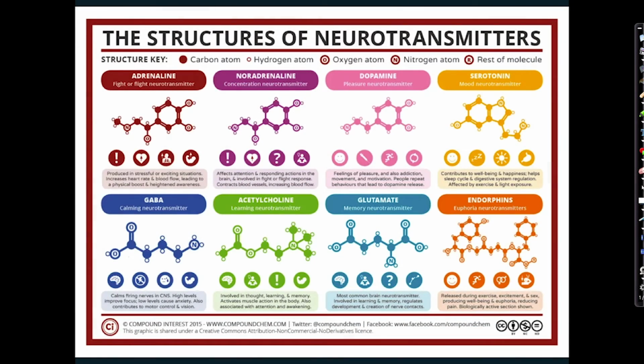Okay, so in this diagram from compoundchem.com, very useful, very pretty diagram, don't worry so much about the labels they've given them. Now I'm going to cross some of these out, not because they're not important, but because we're not going to discuss them. But first of all, just go through them. Adrenaline, you may well have heard of.